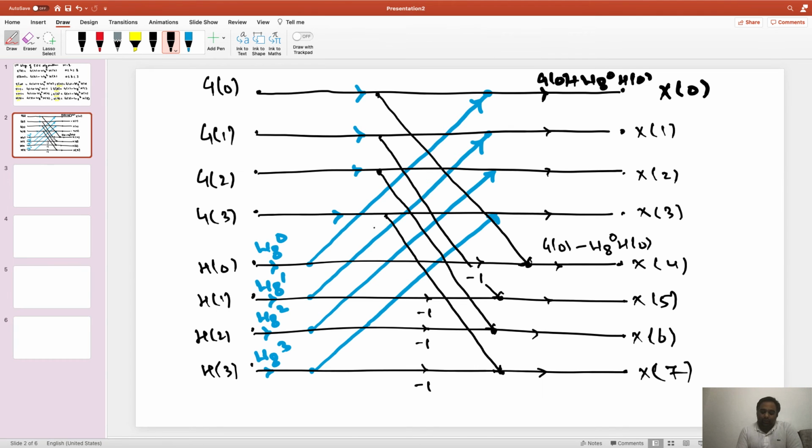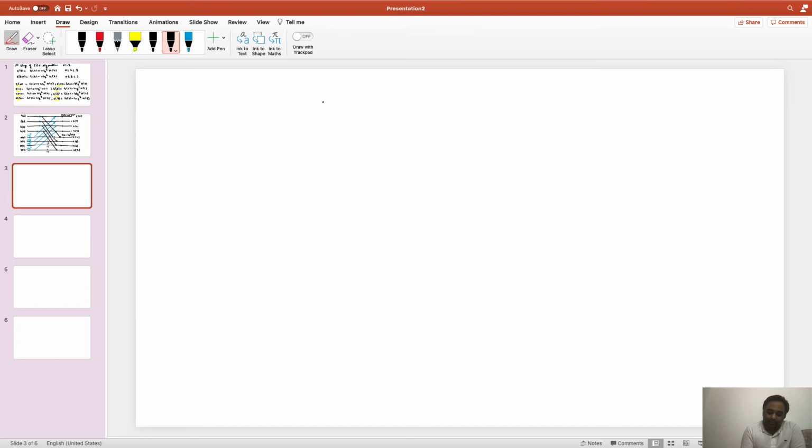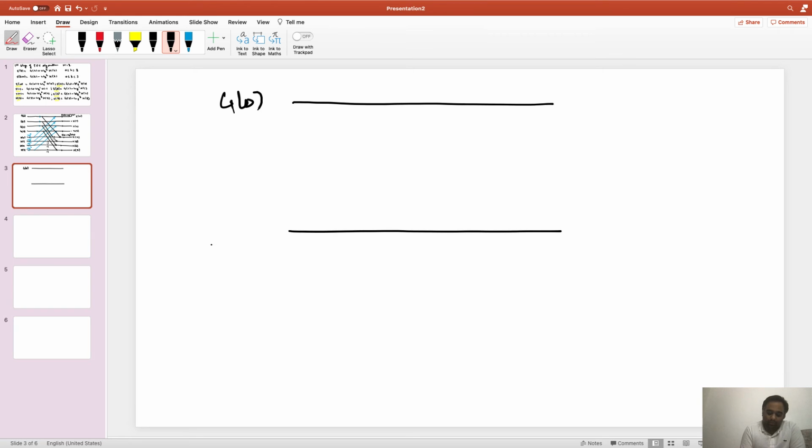So this crisscross kind of a pattern is what is popularly known as the butterfly model. I'll just make this model just for one value so that you can see the crisscross happening. So it looks like this. So you have G0 here, and down below here you have H0. H0 gets multiplied by W8 to the power 0.